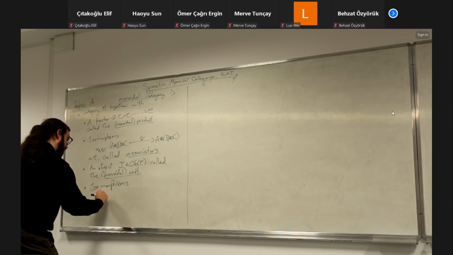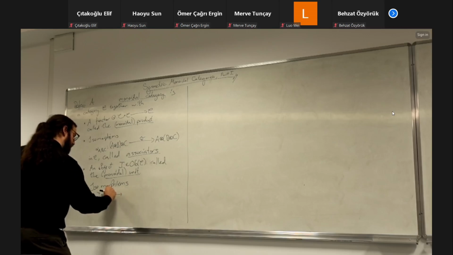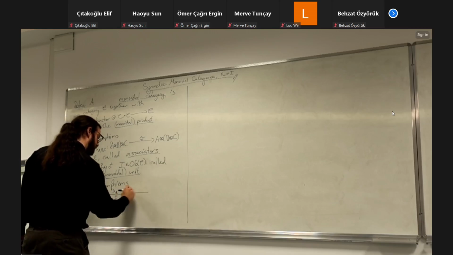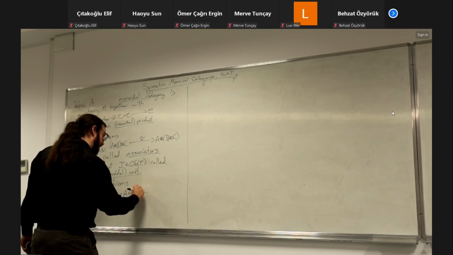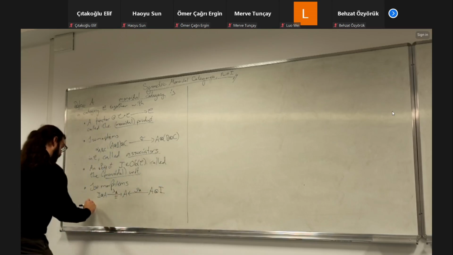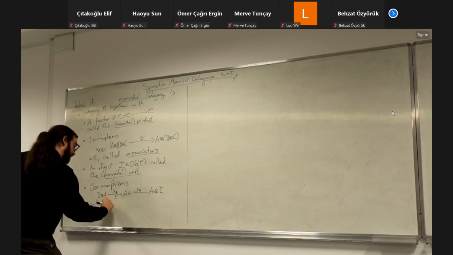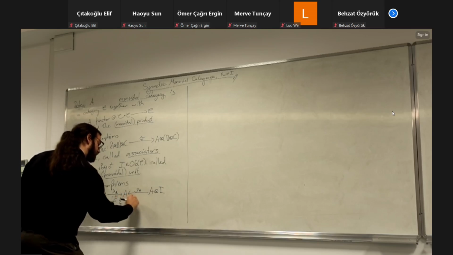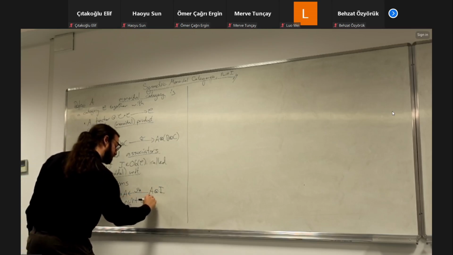I tensor A, lambda A, rho A tensor I, called left and right unitors.